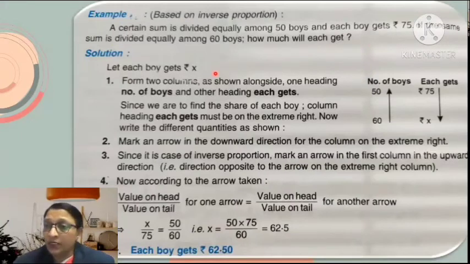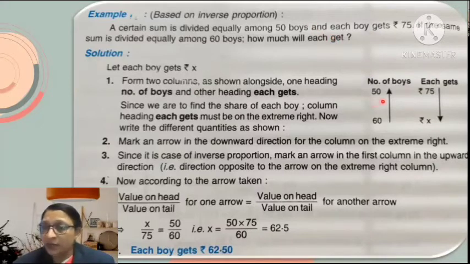And the two quantities we have here are the number of boys and the amount of money they get. So we will write down here the two columns with their names. Now 50 boys get 75 rupees.